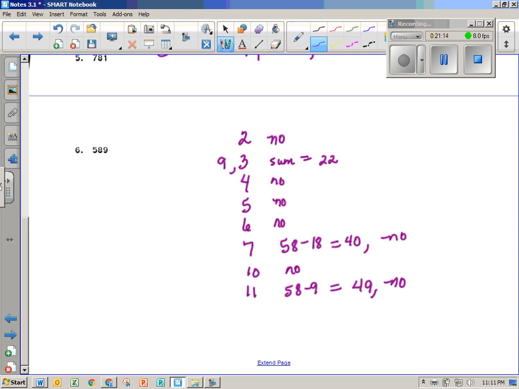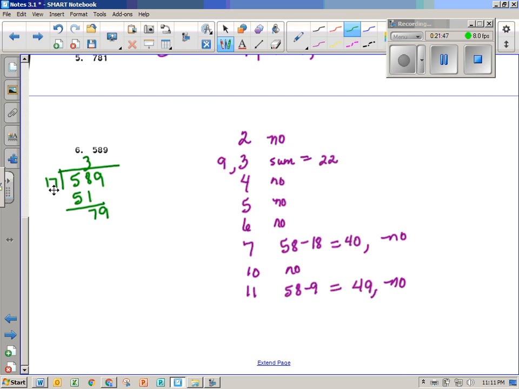Let's try something else. We know it's not going to be 15, because then it would end in a 5 or a 0. But let's try, what do you want to try, 17? And I know it's not pleasant, but a lot of things in life are not pleasant, but we have to do them anyway. 58 minus 51, that's 7, bring down the 9. 17 into 79.